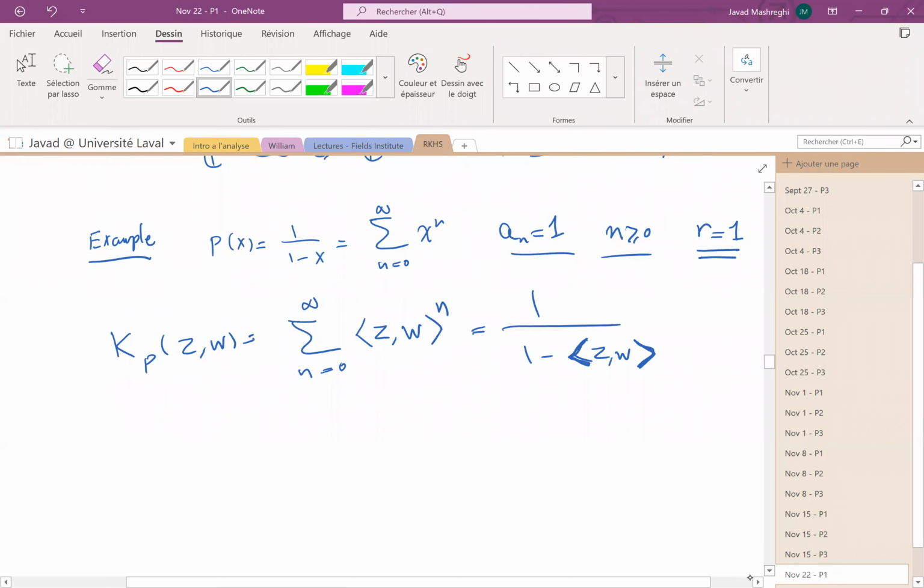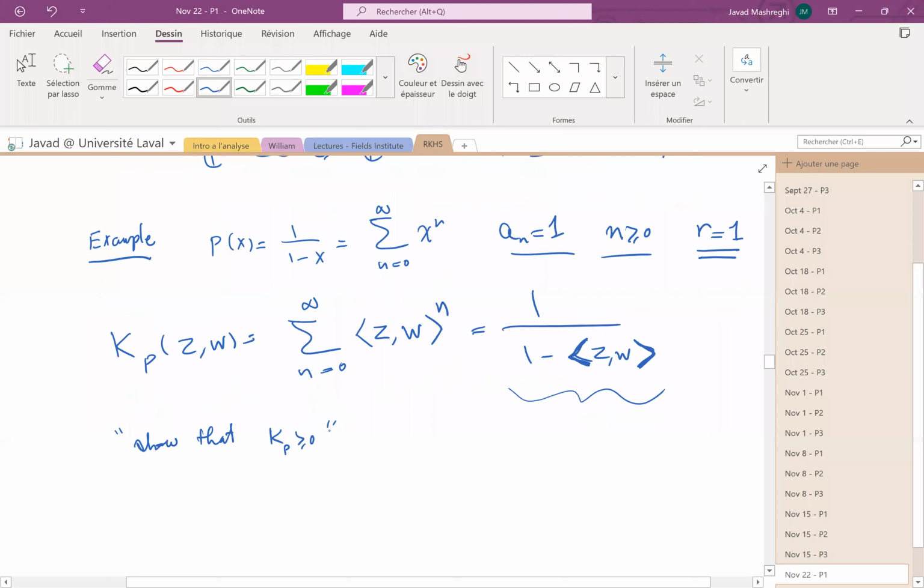If we hadn't talked for two to three weeks about this topic, and somebody comes and tells you, okay, I defined K by this formula, then just show that K_P is bigger than or equal to 0. It's not that easy.